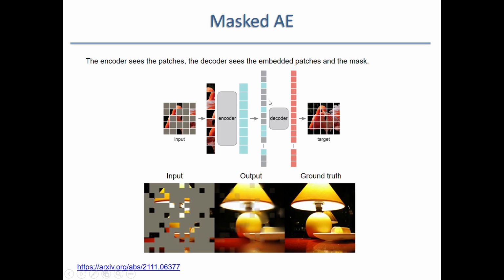And then the decoder has to take all this input and produce an output that somehow resembles the input image. And here you have an example. Given these patches, and this ground truth, this network is producing this thing. This is called masked autoencoders.